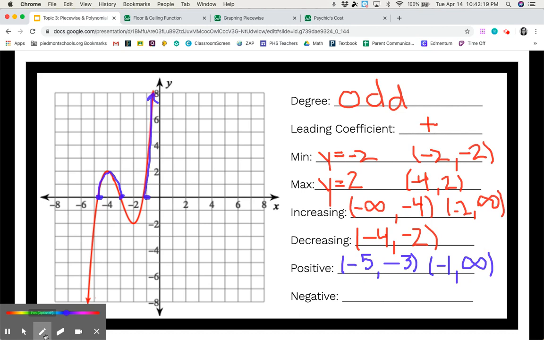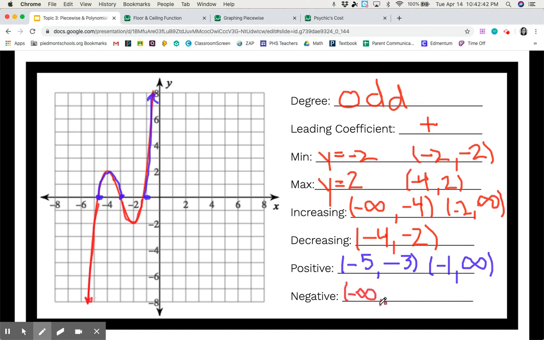Okay, so then it wants the negative. So then we're negative where we are below the x-axis, so this interval and this interval. So that first one, that left bound is starting with an arrow, so that means infinity, and it is left, so negative infinity.